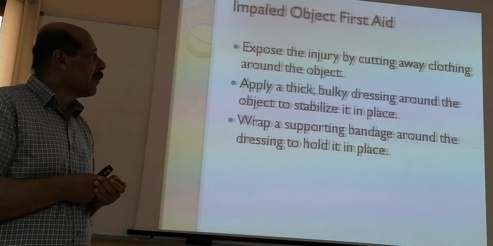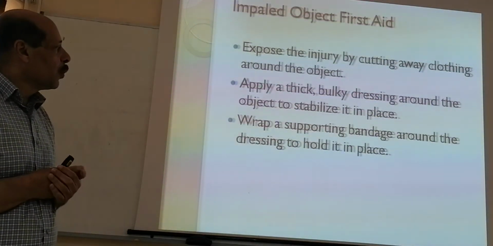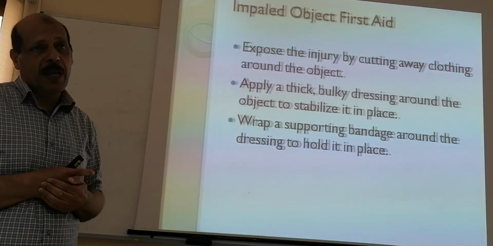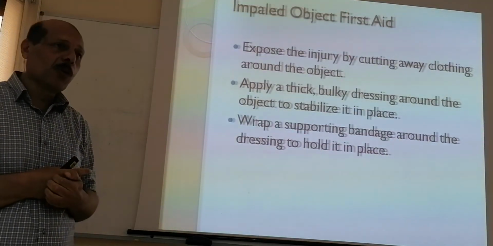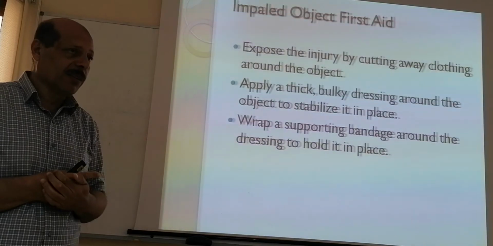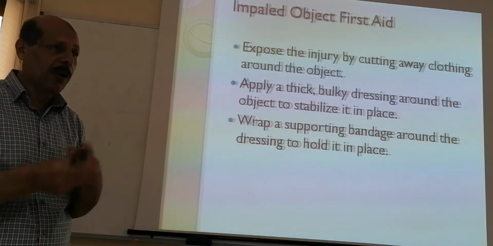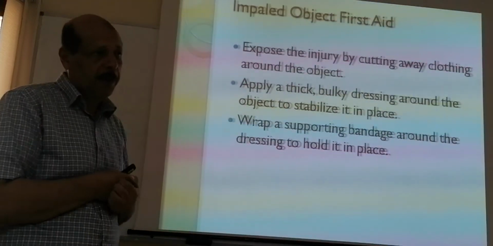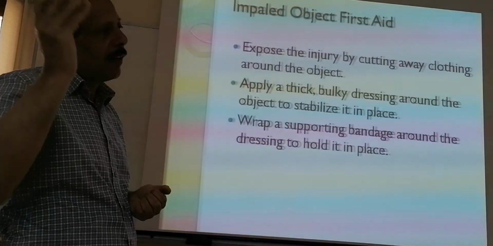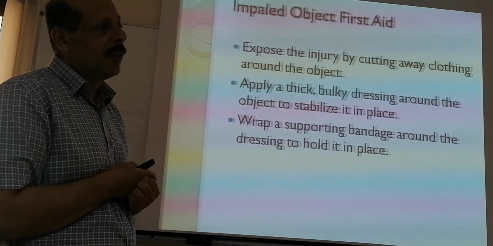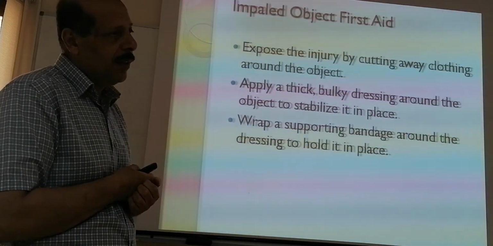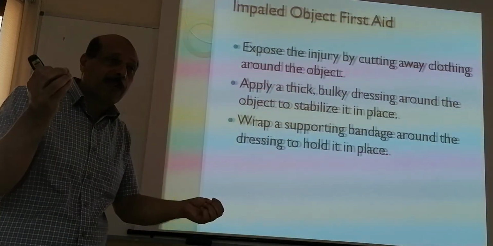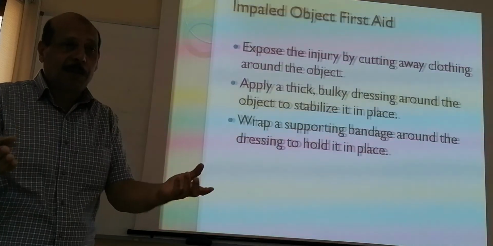Wrap a supporting bandage around the dressing to hold it in place. We have to be sure that bleeding is not there, so we have to control the bleeding. We have to wrap it until the bleeding is stopped, and transfer the client to the hospital for further treatment. They will remove it in the hospital. Why will they remove it?